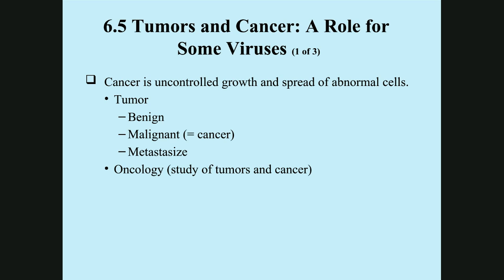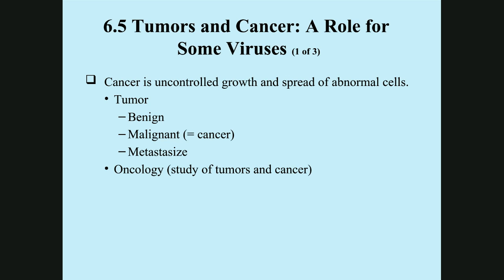So let's go through a real quick review of that. If you look at the notes for this section, which are posted in Blackboard, I do have all this written down, so you don't have to take too many notes here. But cancer has several attributes. It has uncontrolled growth, which means that the cancer cells divide like crazy, and it does not have an automatic kill switch.